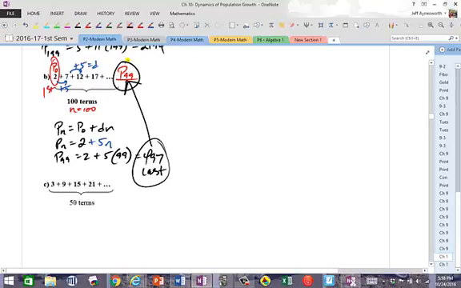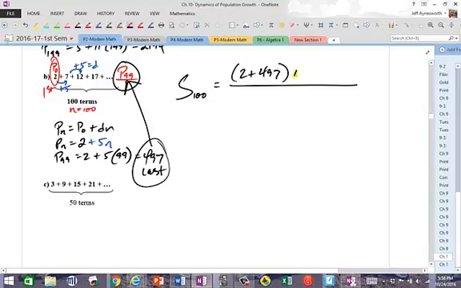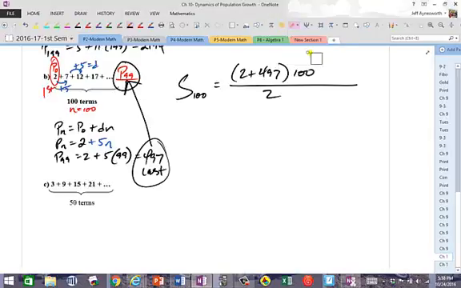So now the sum of the first 100 terms is equal to first plus last. So 2 plus 497 times the number of terms, 100, divided by 2. So what do we have?